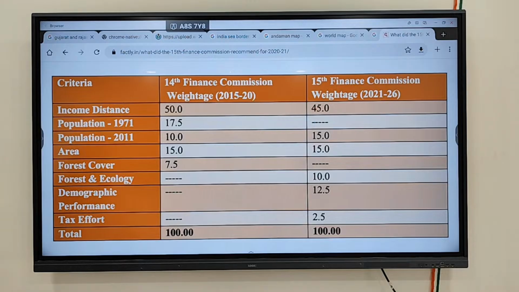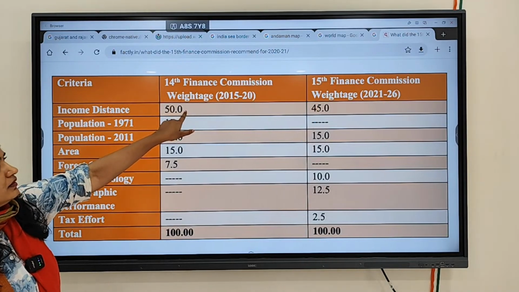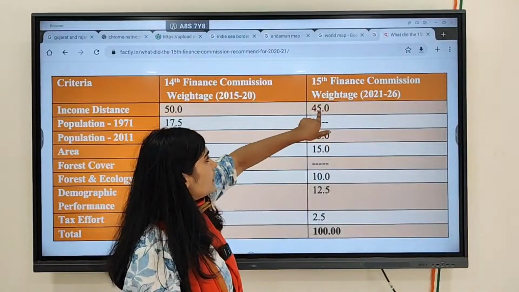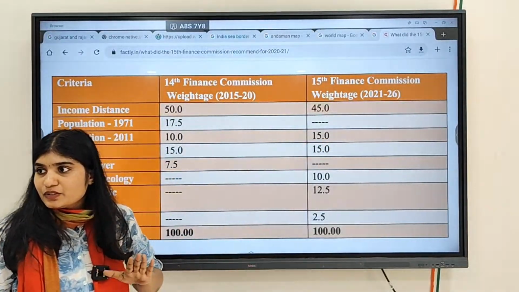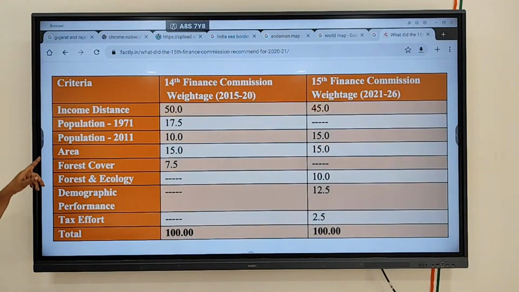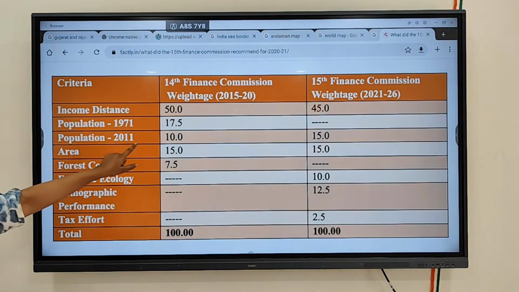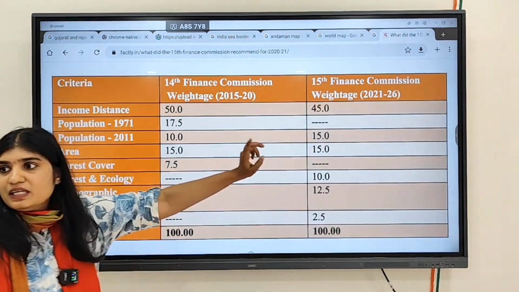Whatever the final value of goods and services that is produced within the state for one specific year, that is GSDP, that is gross state domestic product. Whatever the income they have generated within the state, the weightage is 45%.